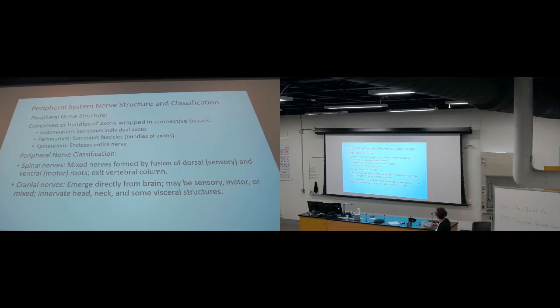And then we have rootlets that form these nerves. The anterior rootlets will be motor, the posterior rootlets will be sensory. And they join and form the root of the nerve, and then the nerve exits through the intervertebral foramina of the spinal cord, and then they travel through specific pathways to reach the effector.